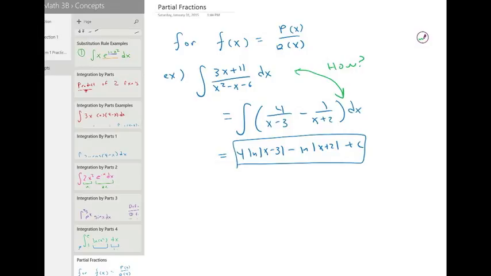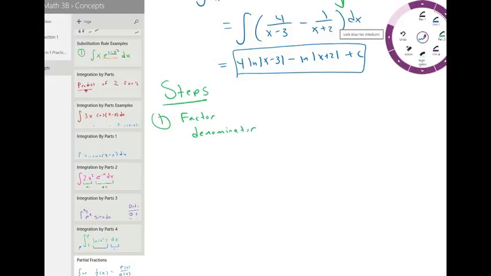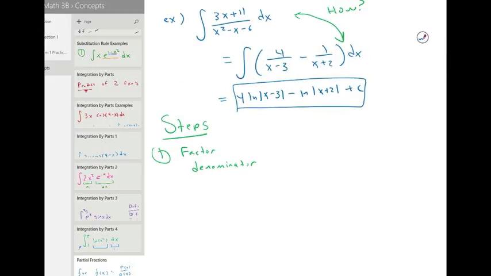So I'm going to give you some steps. Step 1 is going to be factor the denominator. I'll be doing these steps as we go along, without the integral sign. We're just going to decompose this fraction to begin with.